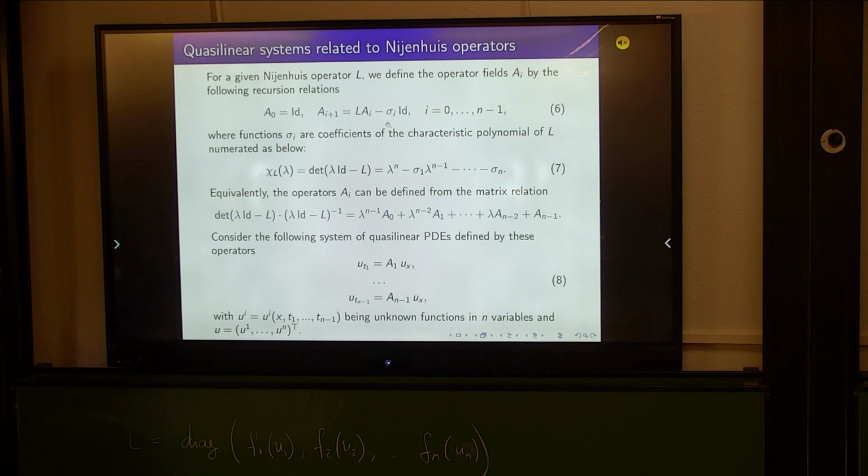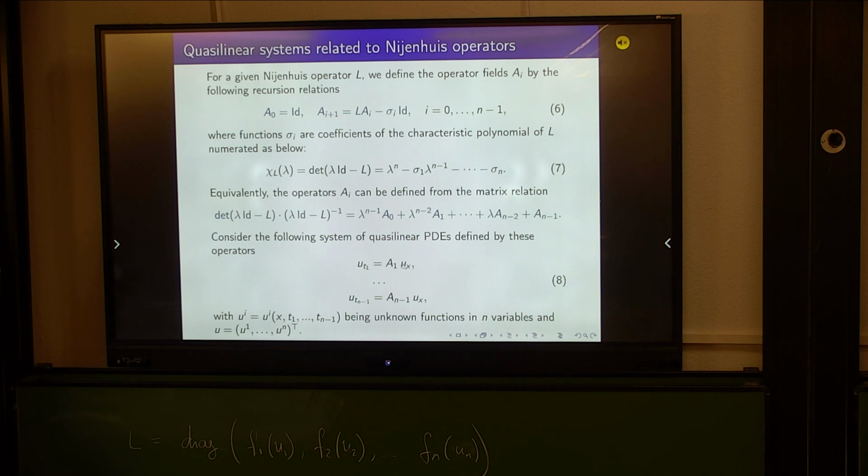He explains how, starting from Nijenhuis operators, which are very simple from the point of view of quasi-linear systems, you can construct more difficult quasi-linear systems which are still integrable. They are defined by these operators A0, A1, A2, and so on.